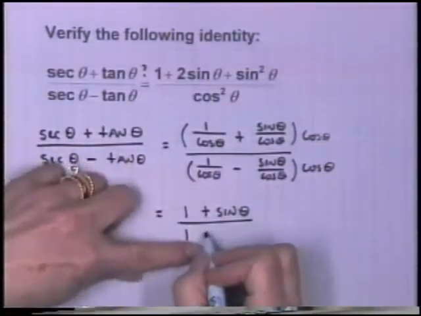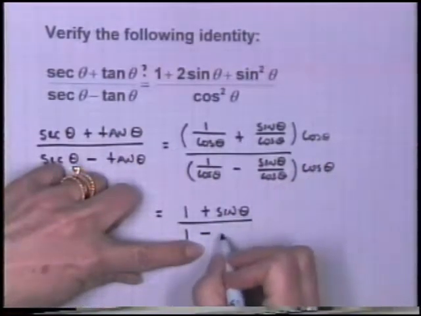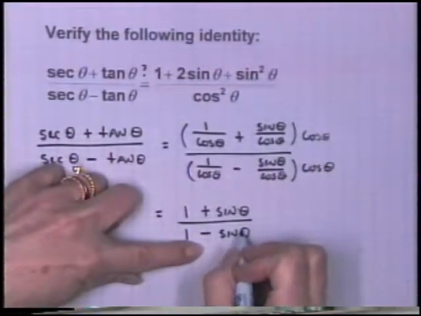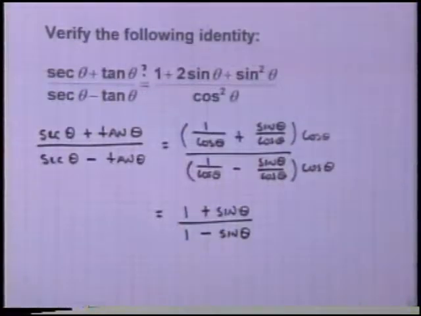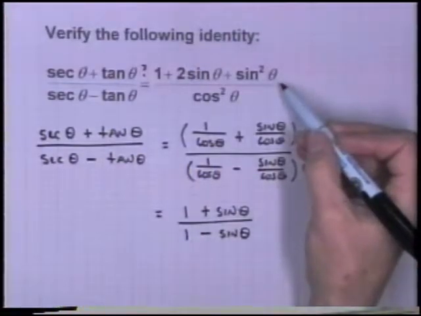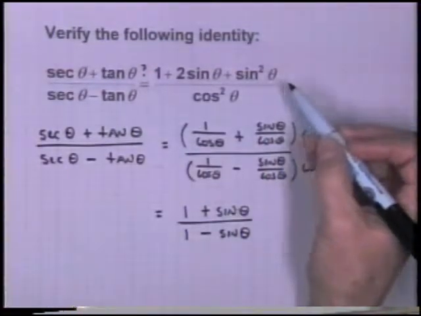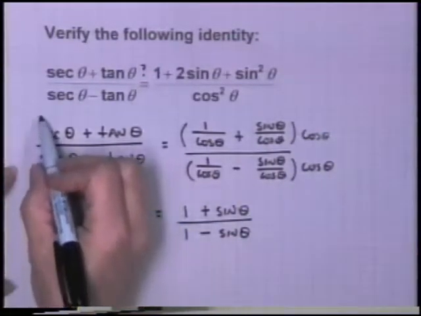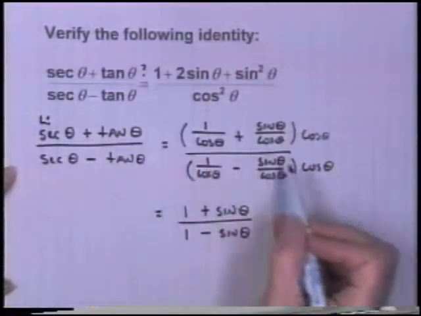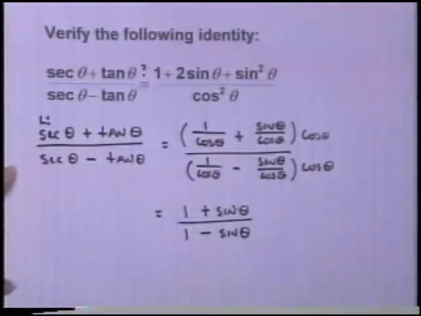And then down here, cosine theta times 1 over cosine theta is 1, minus, again, the cosines would cancel, and I would have sine theta. Now, I've sort of gotten down pretty simple, and you'll notice that I still haven't produced this form right here. So this is a time that I might consider stopping. I've taken the left-hand side, and I've gotten down to this point.